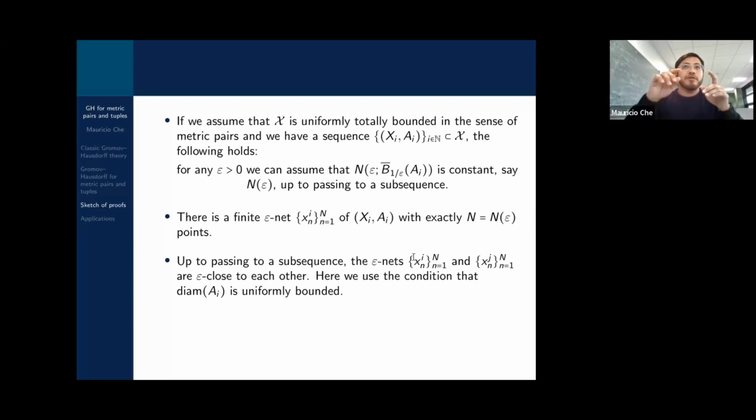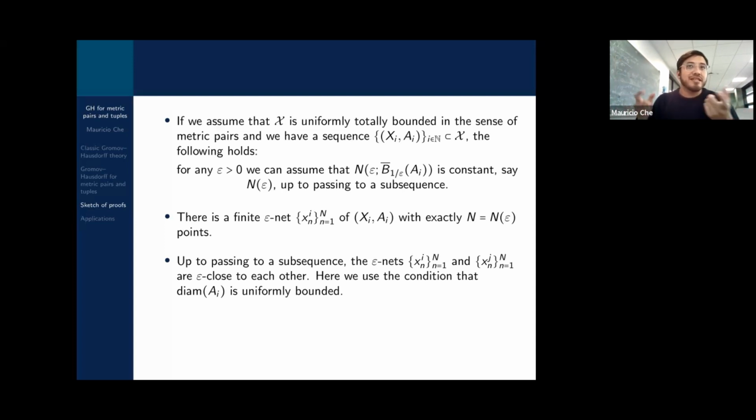So what we do now is, we have an infinite sequence of epsilon nets. The distances between points in each net are within one fixed interval, and each net has the same number of points.